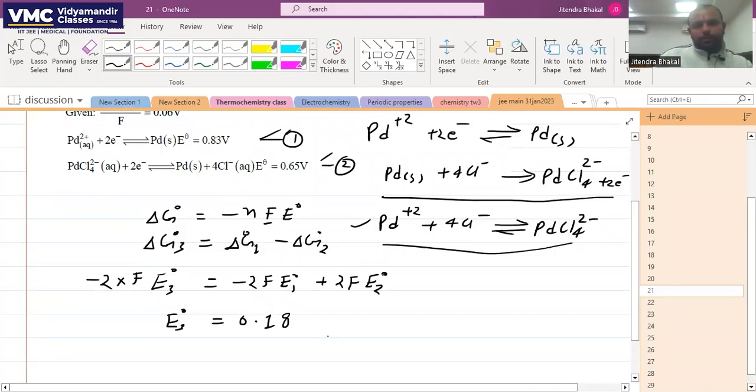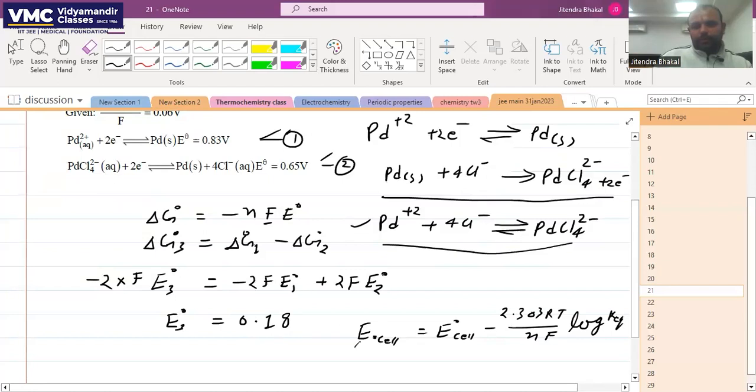Now we need to calculate the logarithm of K equilibrium. Because this is an equilibrium, E cell will be 0. If we use Nernst's equation, E cell equals E naught cell minus 2.303 RT upon nF log K equilibrium.